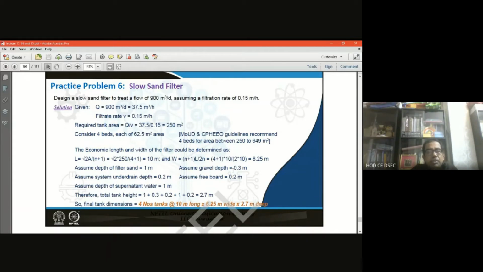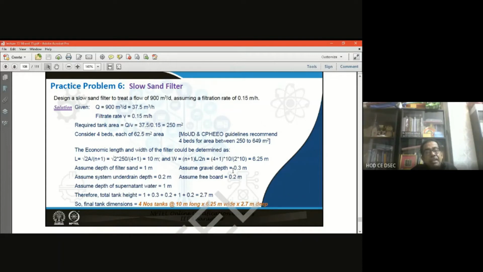In our calculation, 250 square meters has come, so we have to choose a minimum of 4 beds. If we consider 4 beds, each bed area will be 250 by 4, which is 62.5 square meter. So 4 tanks of 62.5 square meter area will be required.